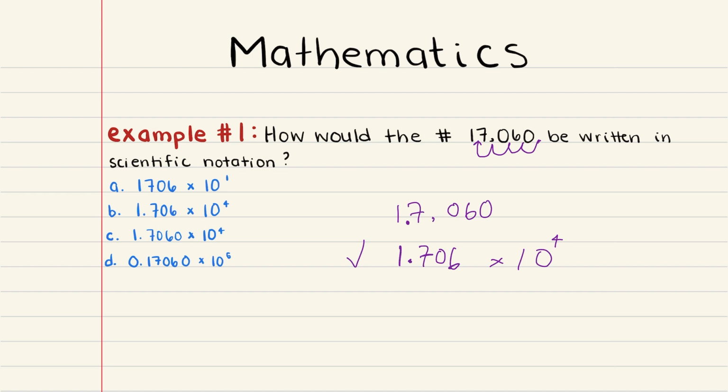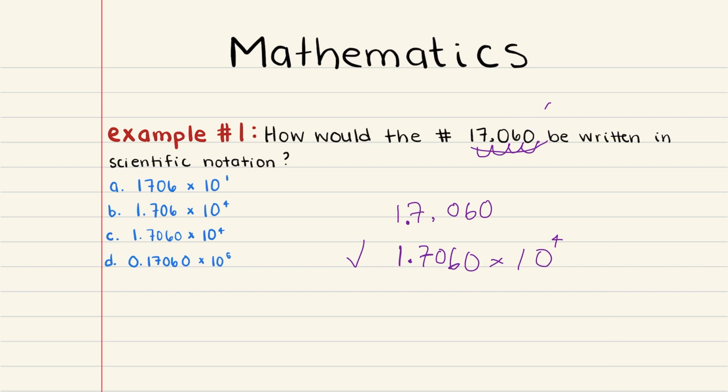Now I want to address why the coefficient is written as 1.706 instead of 1.7060. This distinction comes down to the concept of significant figures. So looking at the full number here, 17,060, this trailing zero is not significant because it is not part of a decimal number.